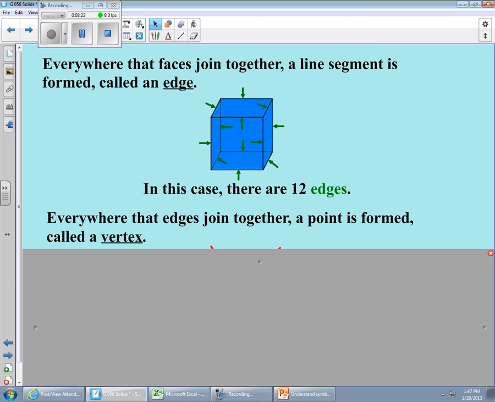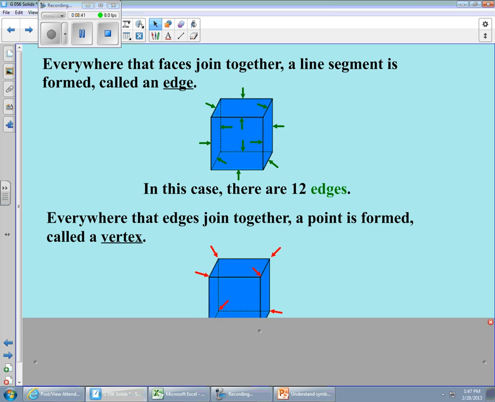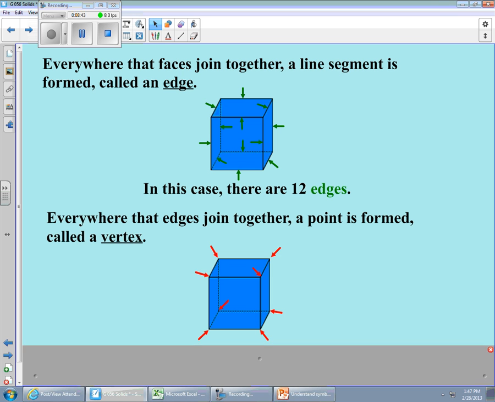Now, if you remember somewhere back in the neighborhood of 5 to 6 months ago, I told you you'd probably eventually learn to hate the word vertex because we would redefine it several times before the year was out. I believe this is the 4th definition that we have for the word vertex. And this one applies to solids. Anywhere that your edges bump into each other, that's a vertex.